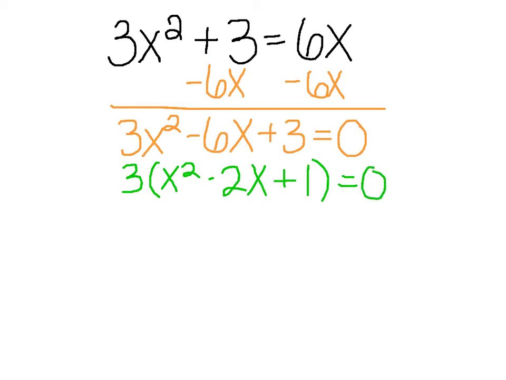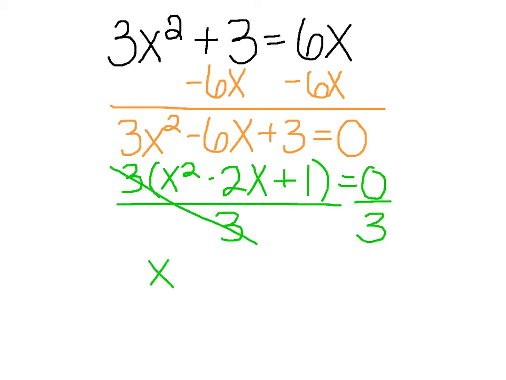Now, we know that this is 3 times this polynomial of x squared minus 2x plus 1. So to get rid of multiplication, we can divide. And these are going to cancel out. We get x squared minus 2x plus 1 equals 0, because 0 divided by 3 is 0.